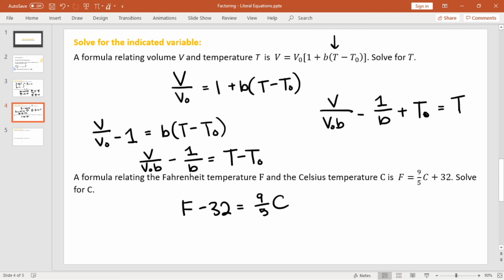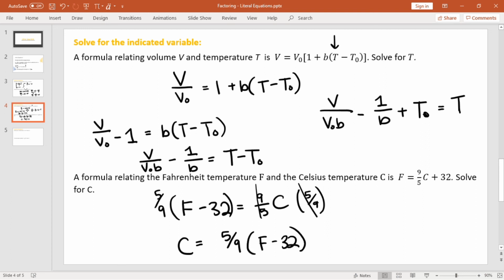You can multiply by 5 and then divide by 9, but also know that if you want to get rid of a fraction, you can always multiply by its reciprocal. And that will get rid of the fraction, and you end up with C equals 5 over 9 times F minus 32. And you don't need to incorporate that, that is fine.